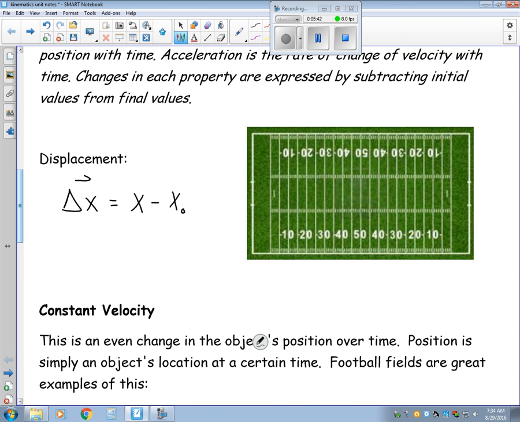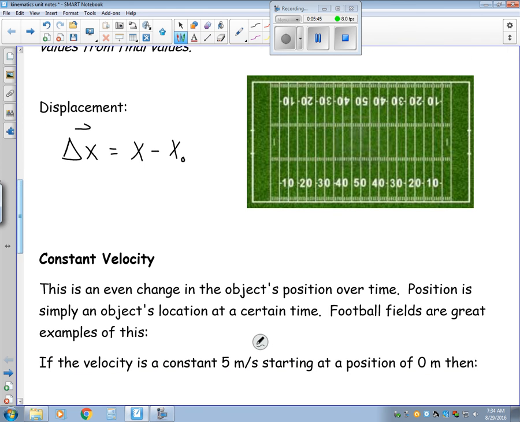So if I were to take a look at, let's say, a football game, and let's say that the ball starts on the 10-yard line, it's carried to the 40-yard line, but then it's brought back to the 45-yard line. The displacement would be its final position, which would be 45 yards, minus its initial position, which was 10 yards. So that equals 35 yards.